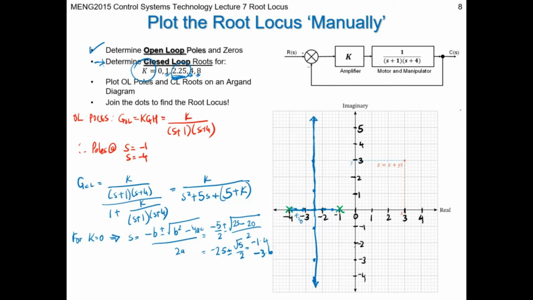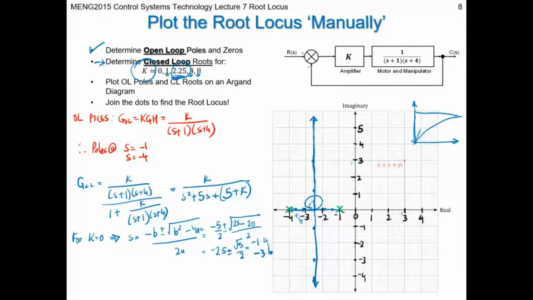in it. If we look at a step response, instead of the step response just going like this, now as soon as the closed loop root moves off the real axis, you're going to have some level of oscillation in your response.